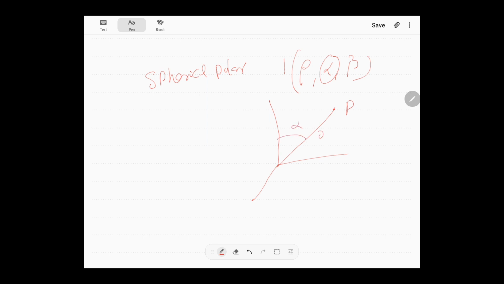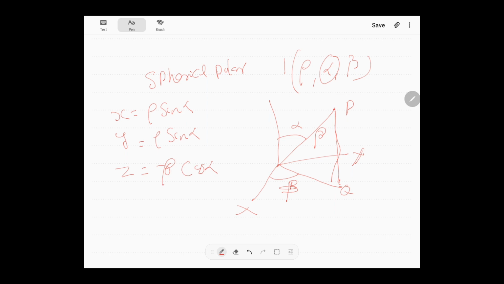This is my alpha, this is my rho, and if I draw a perpendicular onto the xy plane, and if it is Q, this OQ is making an angle beta with the x-axis, this is the y-axis. And to write the relationship between Cartesian coordinates and spherical polar coordinates, always because this is alpha, you write z is rho cos alpha, and the same rho sin alpha for x and y.